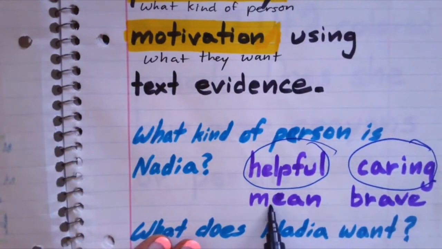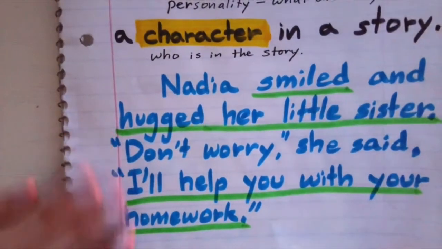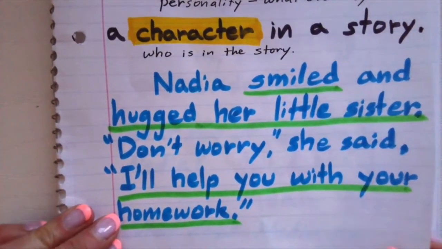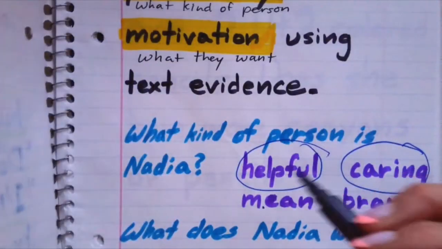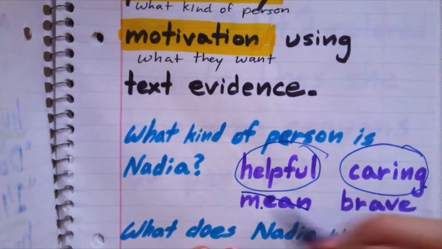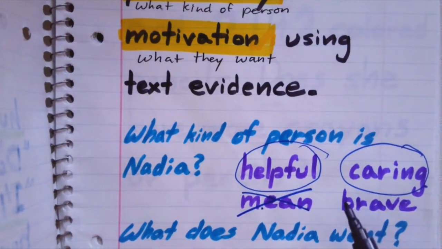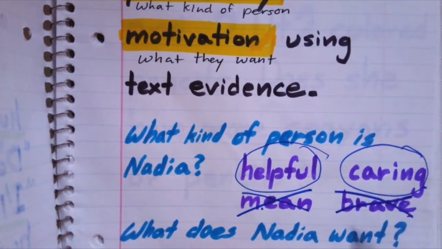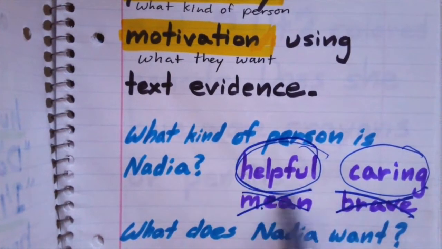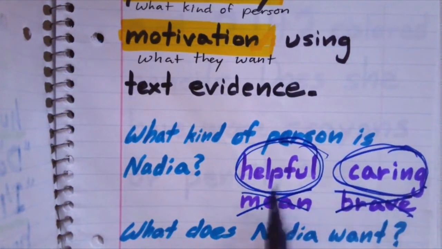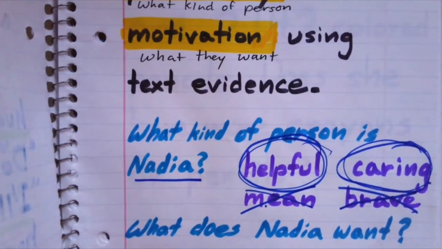What about mean? Hugging and smiling and helping with homework are not things a mean person does. So she is not mean. Brave? Nothing scary was happening. So we used evidence to decide what kind of character Nadia is.